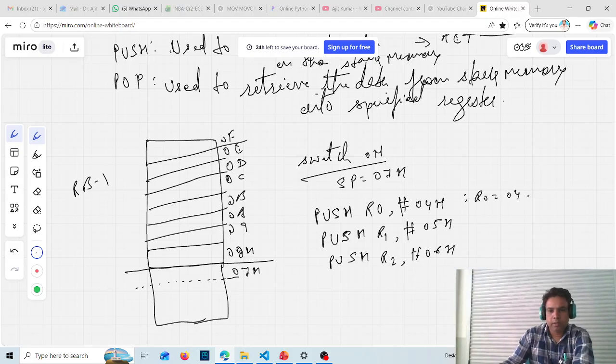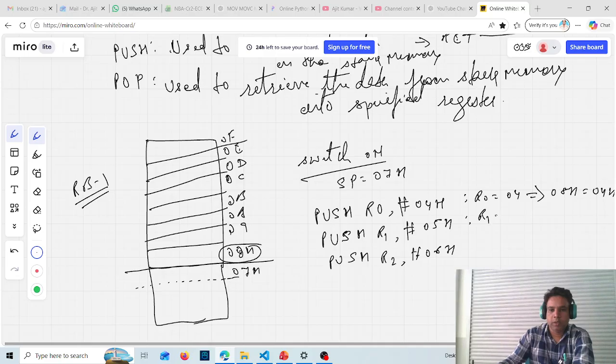Remember, when you switch on, the SP points to 07, and register bank 1 is used for the push and pop instruction. So the address 08H will be loaded with this constant value 04.